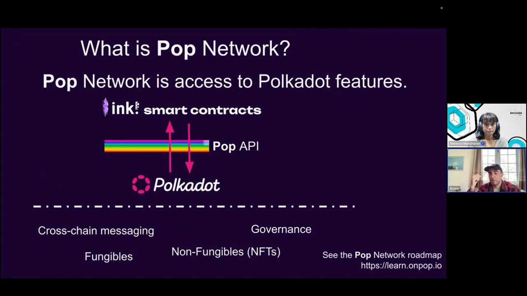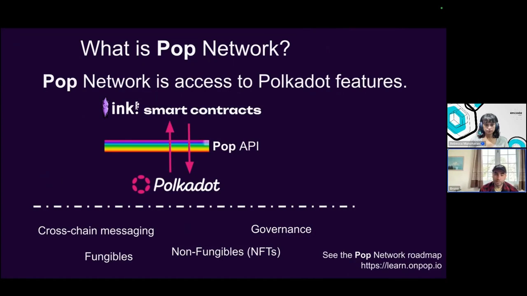Thinking about, for example, XCM, cross-chain messaging. That's one of the selling points of Polkadot, that you have all these blockchains running in parallel, and they can communicate with each other. And the way to communicate is through XCM. However, XCM is super complex. It's really complicated.